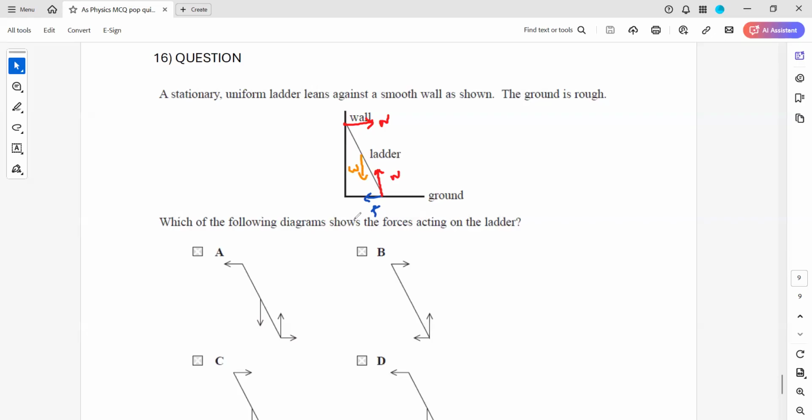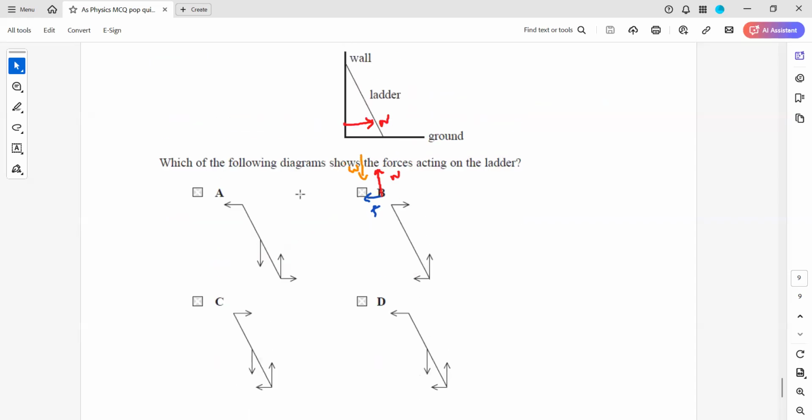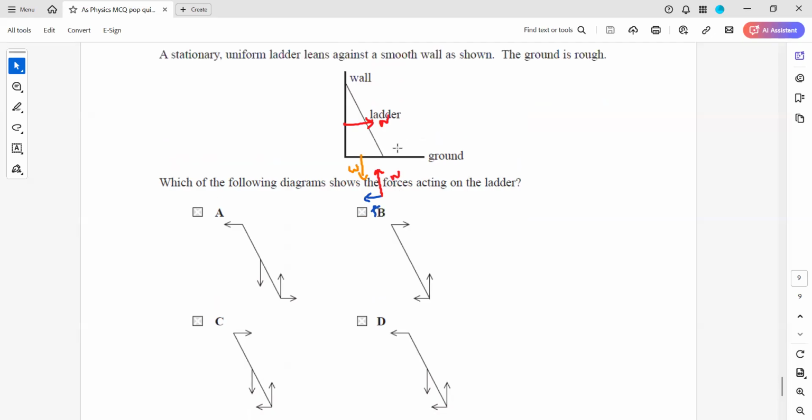The normal contact forces are there, one from the ground, one from the wall, and the weight of the ladder acting downward. So which one does it match with? It matches with option C: the normal contact force, the friction, the normal contact force, and the weight.